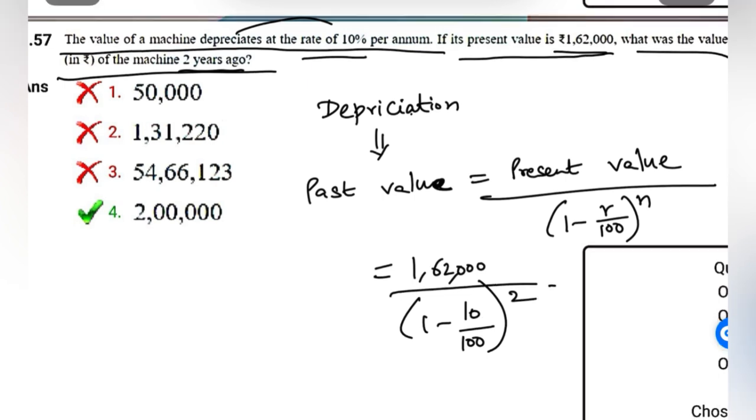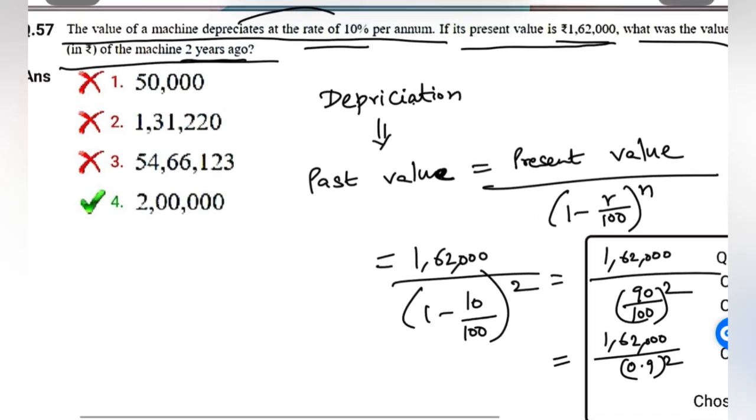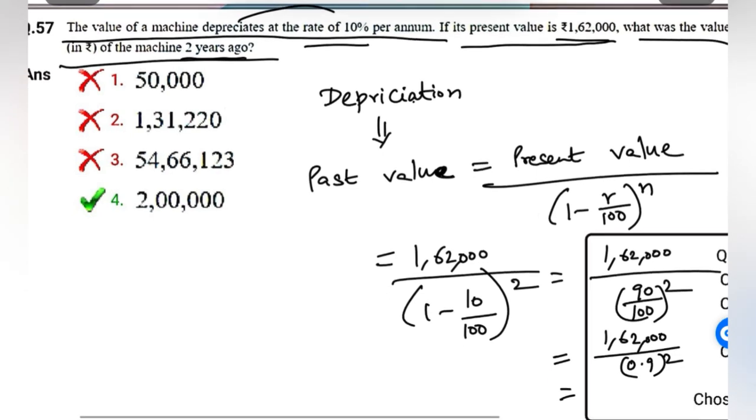So it becomes 1,62,000 divided by 90 by 100 whole square, which is equal to 1,62,000 divided by 0.9 whole square, and the answer is 2 lakhs.